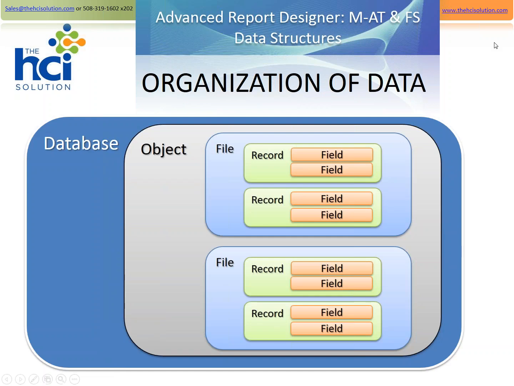Now, this diagram demonstrates how the data is laid out in a more granular fashion. In the Meditech system, you'll have a database, and each database will contain a bunch of different objects. One object might be MIS person, for the MIS person dictionary.